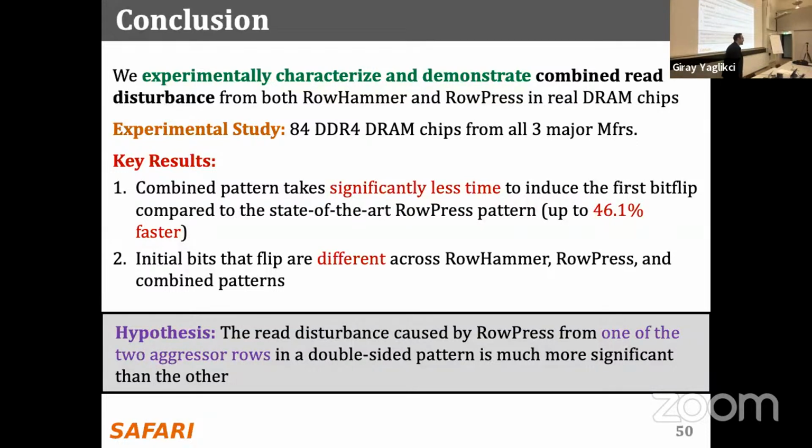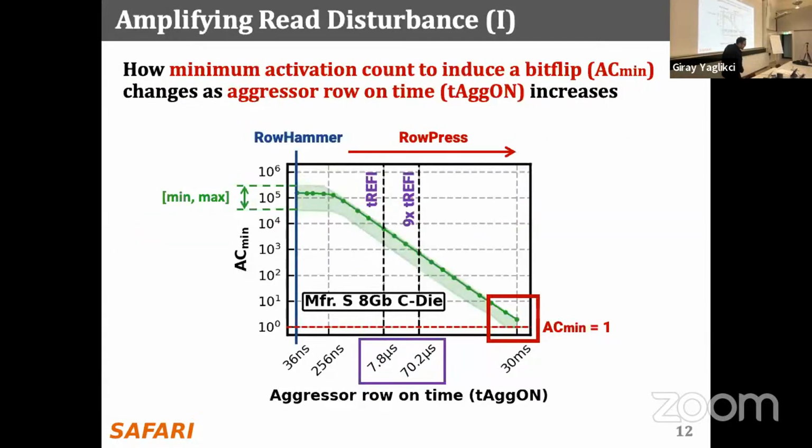There was a slide that showed 70.2 microseconds to 30 milliseconds, and how the RowPress count decreases. Let me see if I understand. Are you talking about this plot?